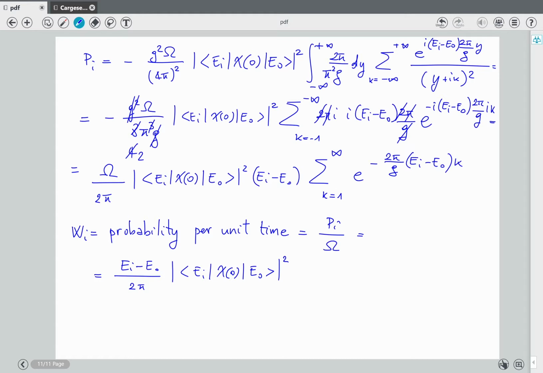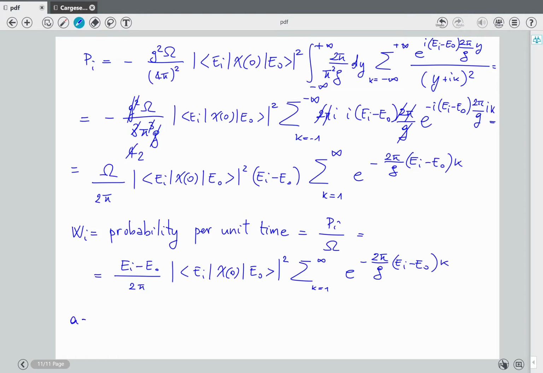and then what about the sum? k equal 1 to infinity of e to the minus 2 pi over g ei minus e0 k.